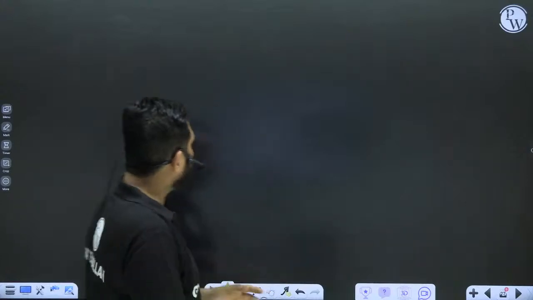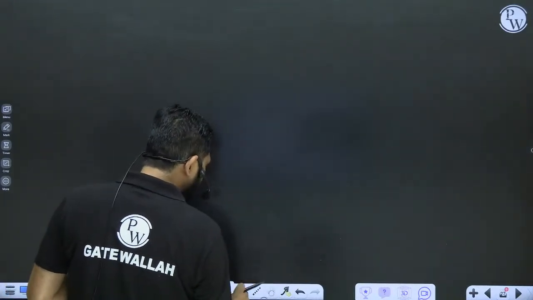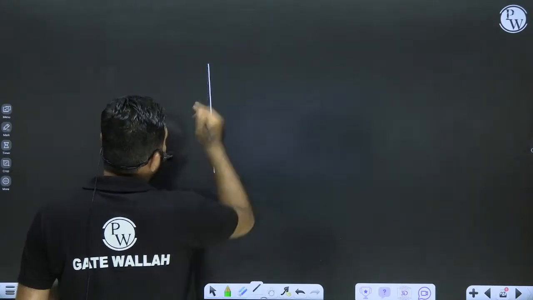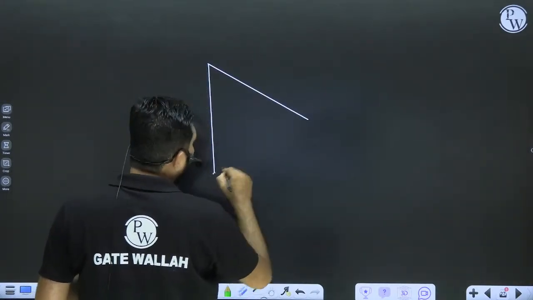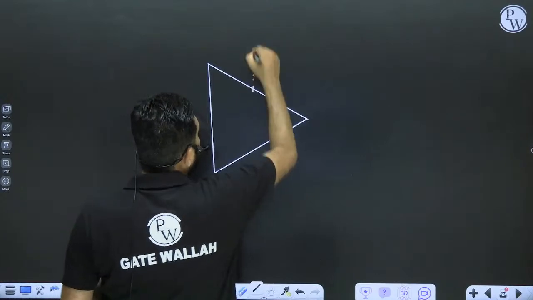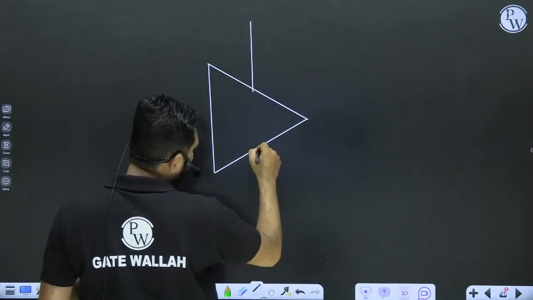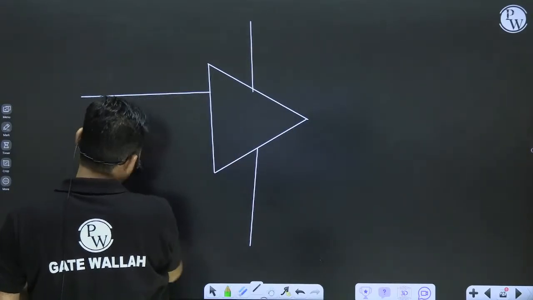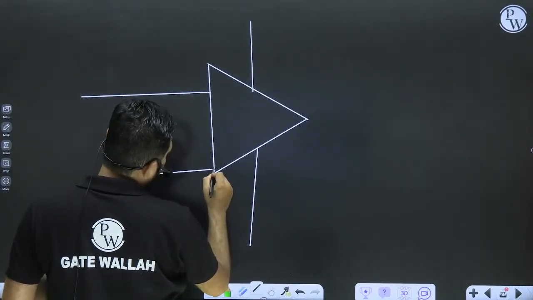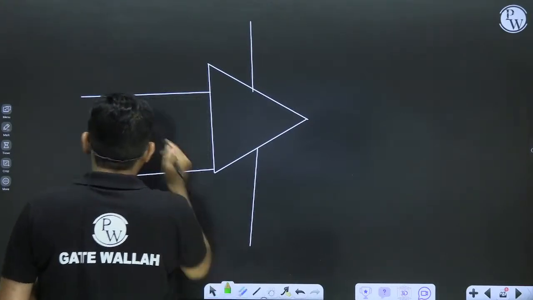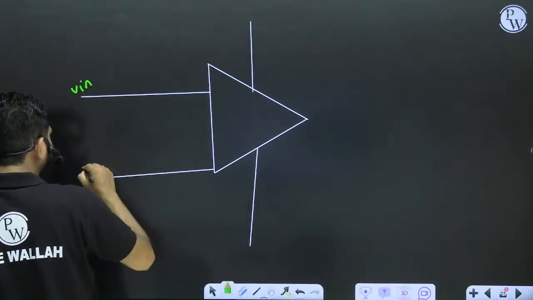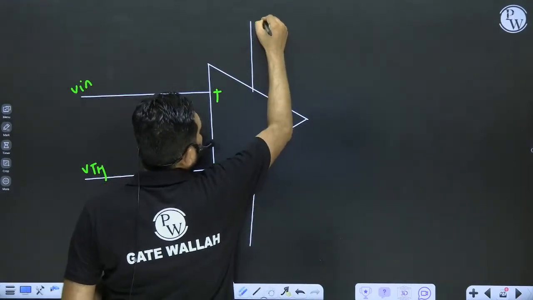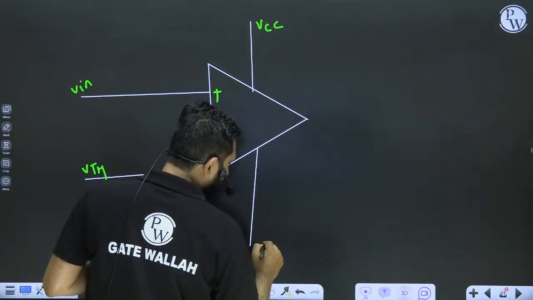See, what is the function of a comparator? What is the job of a comparator? Come on. The job of a comparator is very simple. So it is V in, it is VTH, it is plus, it is minus, it is VCC, it is minus VCC.